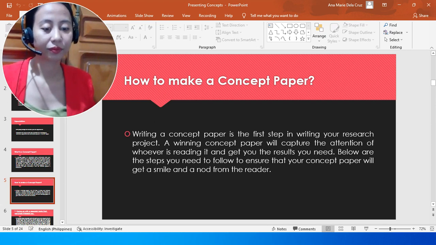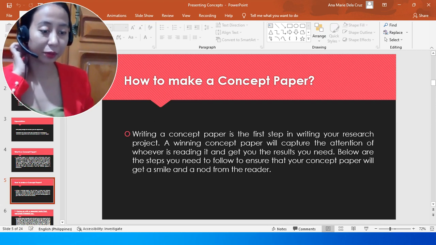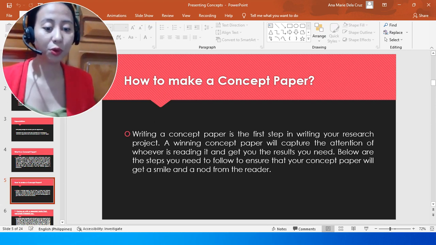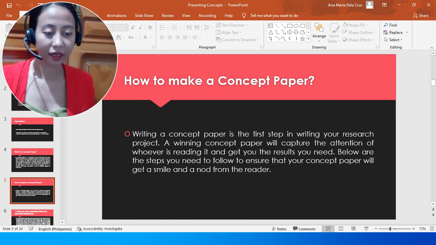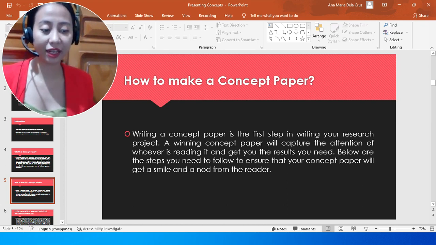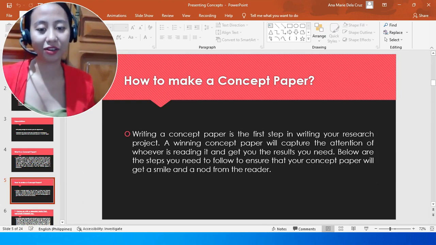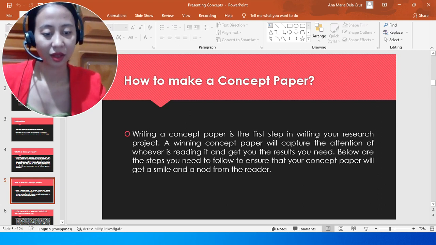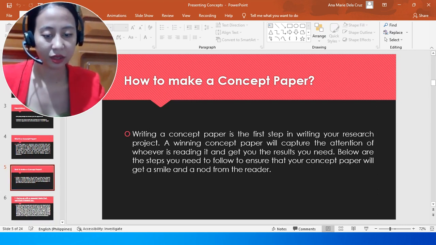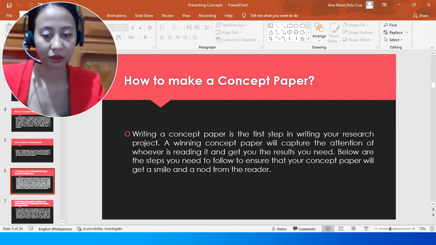A winning concept paper will capture the attention of whoever is reading it and get you the result you need. Below are the steps you need to follow to ensure that your concept paper will get a smile and not a nod from the reader. These are the different steps.